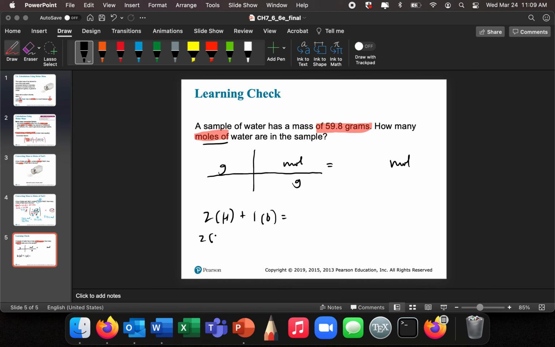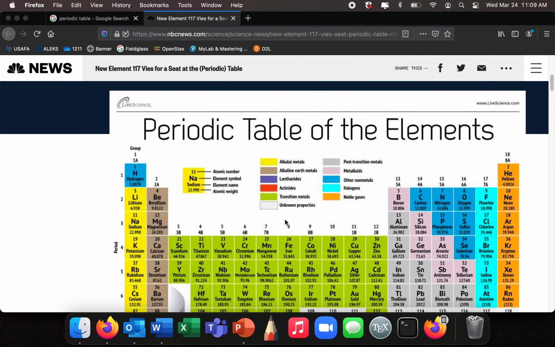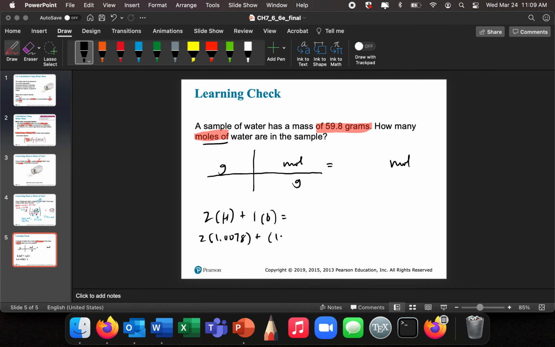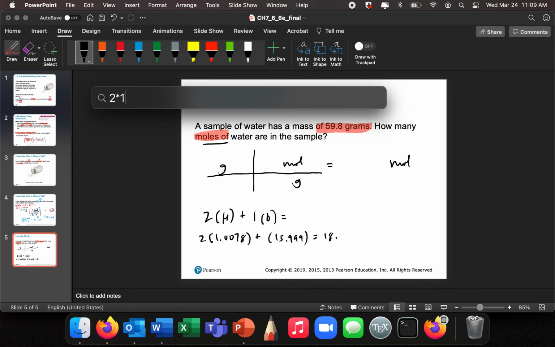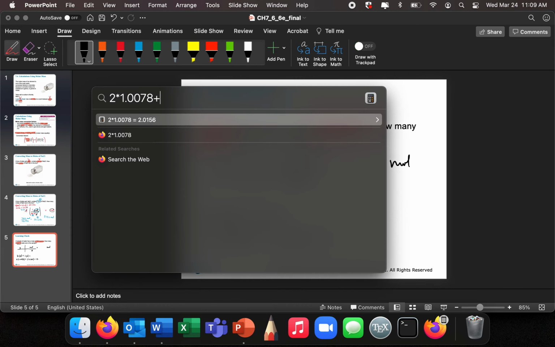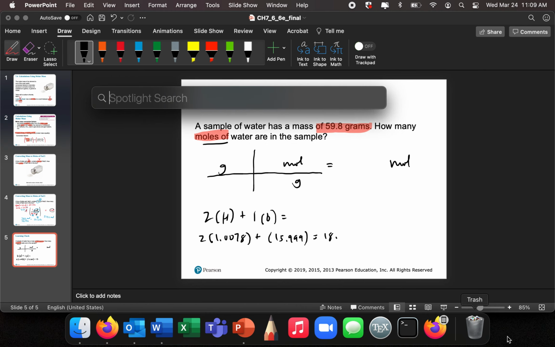So 2 times 1.0078 plus oxygen, which is 15.999, is equal to 18 point something. 2 times 1.0078 plus 15.999 is equal to 18.0146.